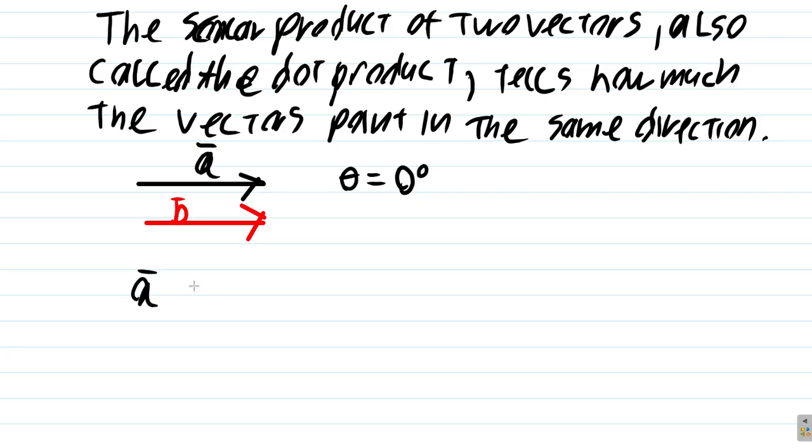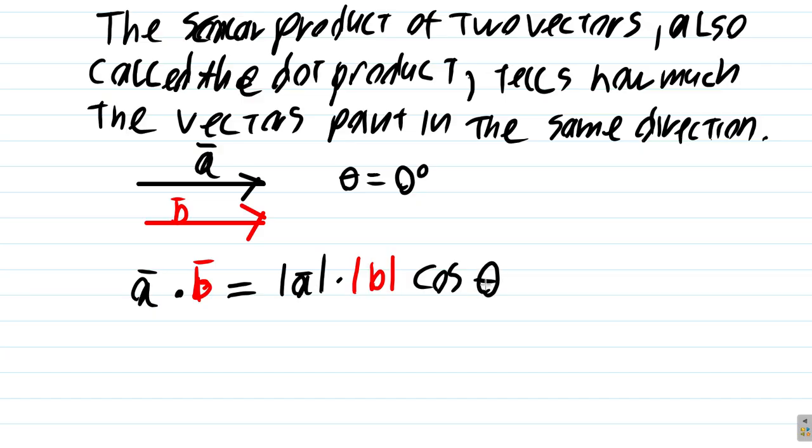Vector A dot vector B is equal to, now what that is, the formula for it, of course, the magnitude of A multiplied by, we put a dot there, the magnitude of B times cosine of the angle between them, theta.